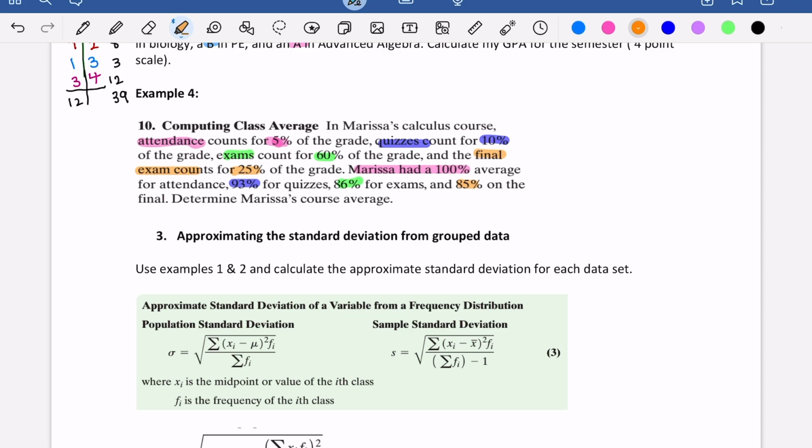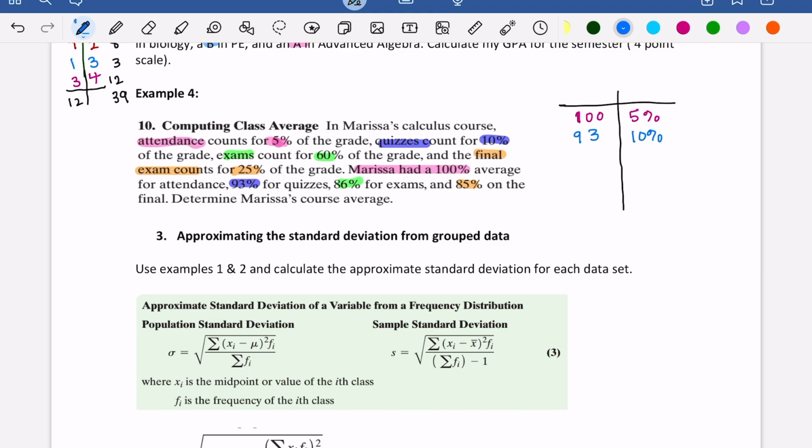So same thing. In my grade, I had a 100 for attendance. That 100 represents 5% of my grade. I had a 93 total average for the quizzes. That represents 10% of my grade.